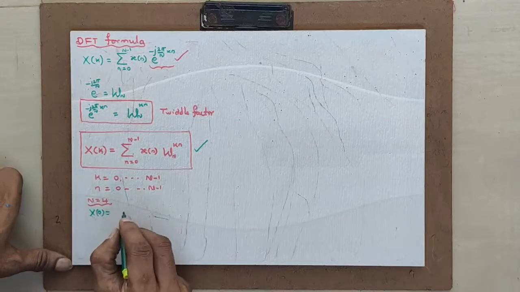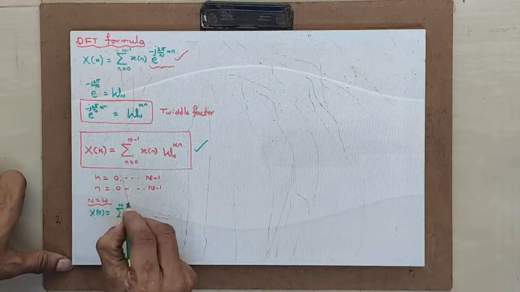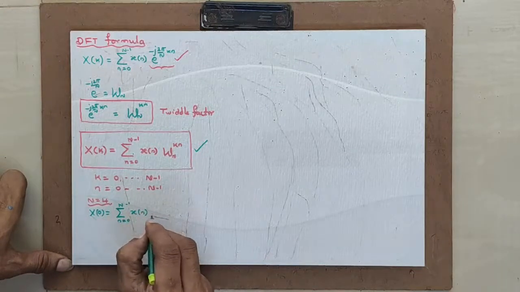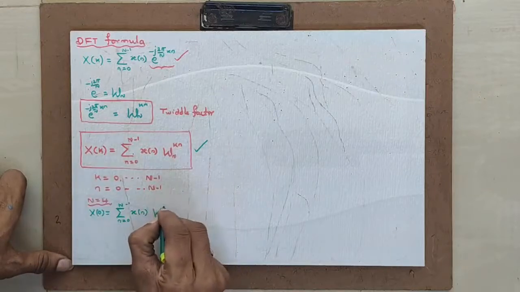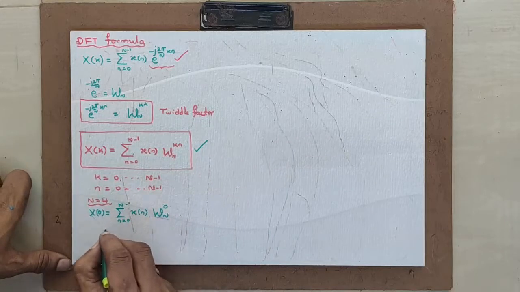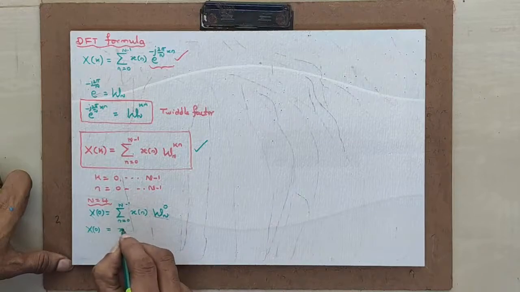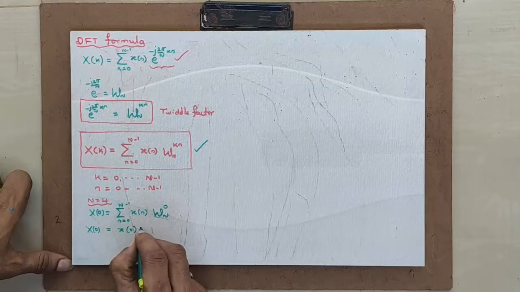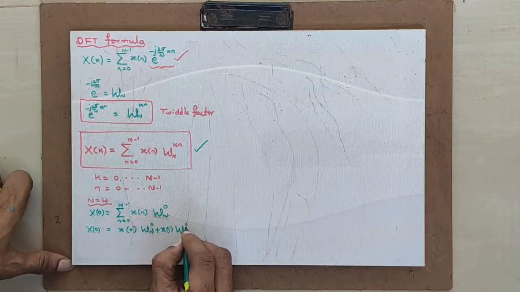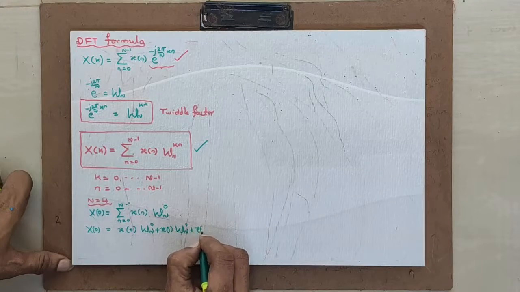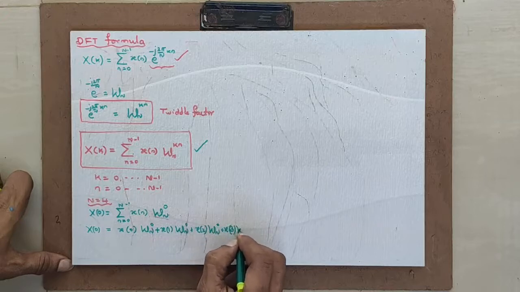X of 0 is equal to summation n is equal to 0 to n minus 1 x of n Wn raised to k, which has become 0 now, hence Wn raised to 0. If I expand this summation, x of 0 becomes x of 0 Wn 0 plus x of 1 Wn 0 plus x of 2 Wn 0 plus x of 3 Wn 0.